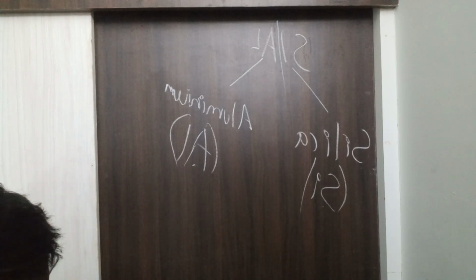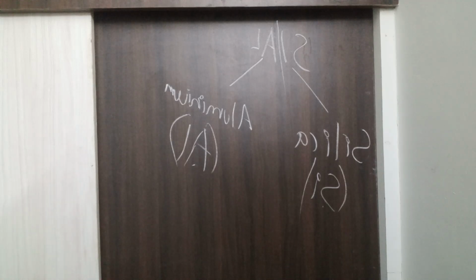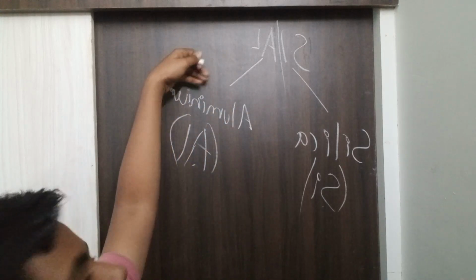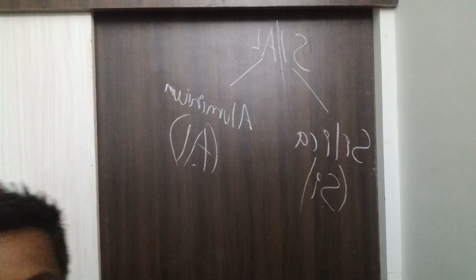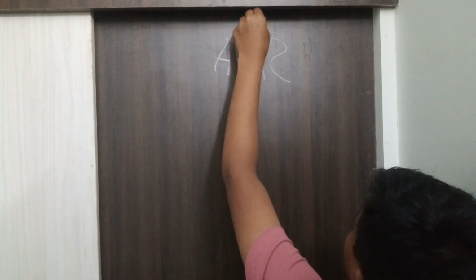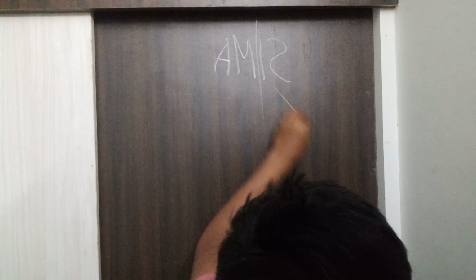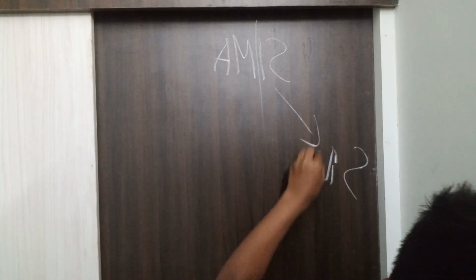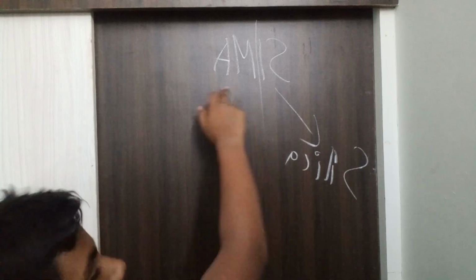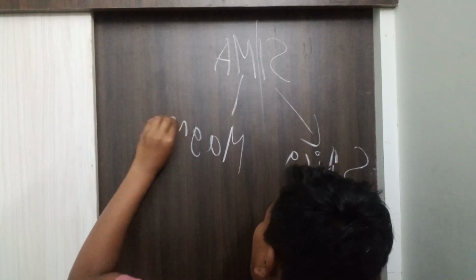And what is Sima? It's the same, but the right side will be changed. Sima is also divided into two: Si is the same silica, and Ma is magnesium.